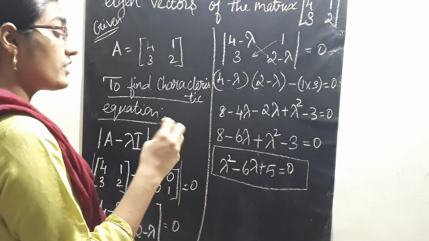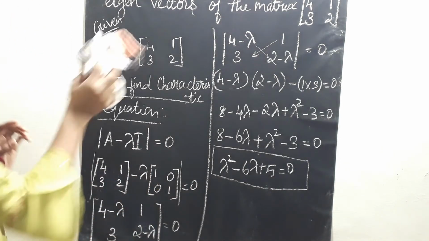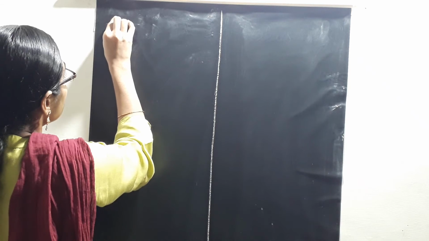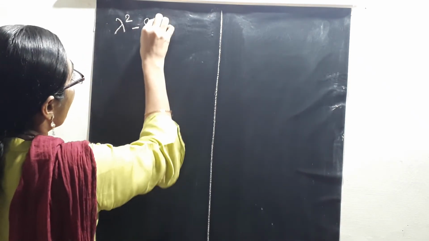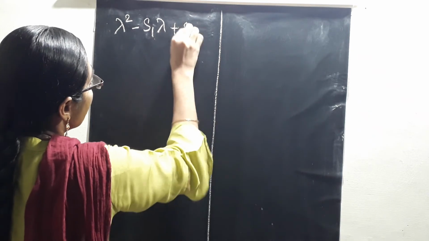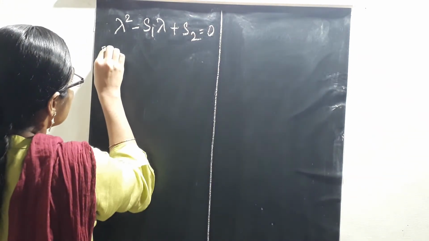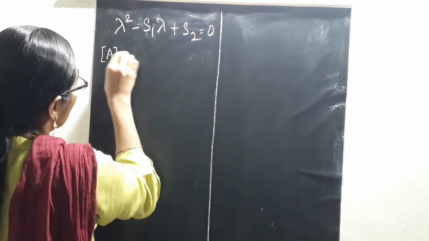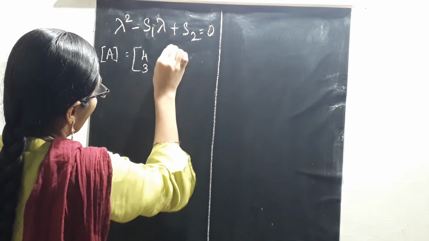This you might check with the another method also, that I will show you. The another way is lambda square minus S1 lambda plus S2 equal to 0. First I will write the matrix A equal to 4, 1, 3, 2.